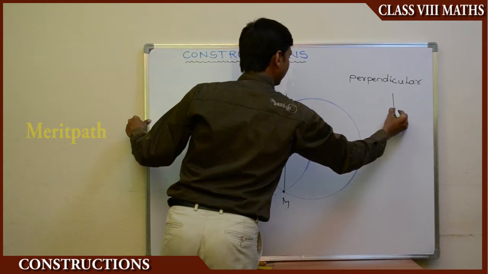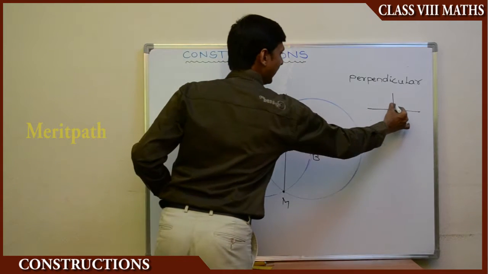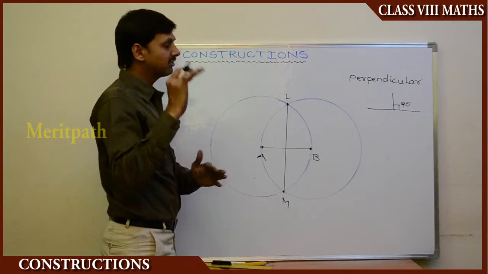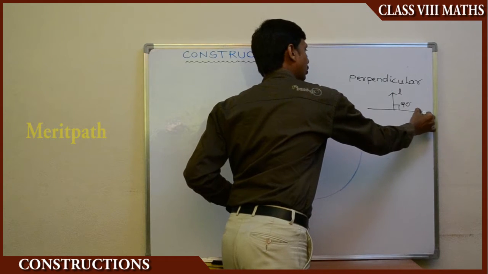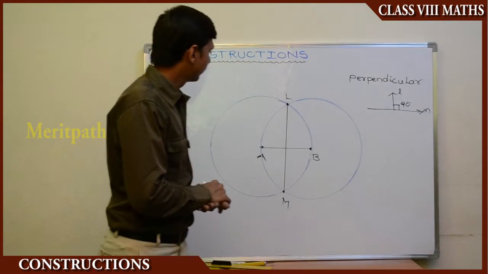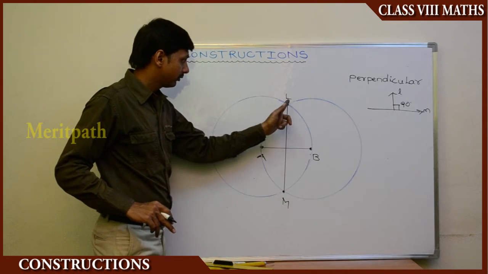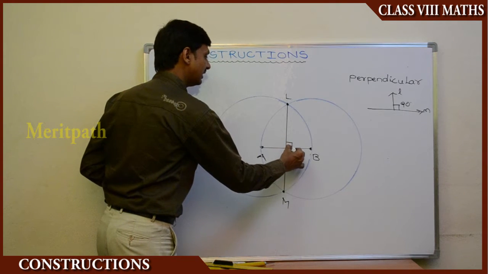For example, we draw a horizontal line, and if another line is making 90 degrees with it, then we say it is perpendicular. Because it's making a 90 degrees angle, AB is perpendicular to LM. That means it must be 90 degrees.